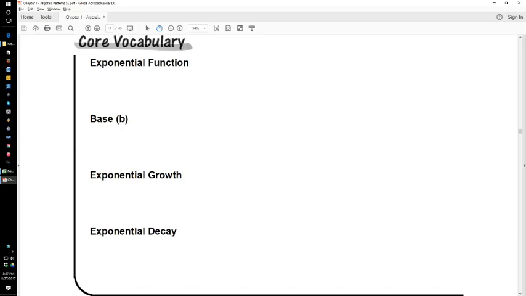An exponential function is a function whose successive rows have a common ratio.